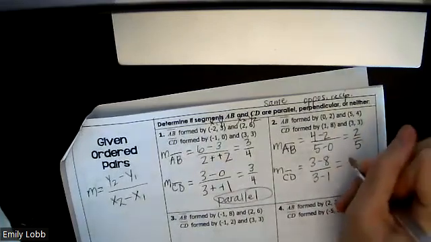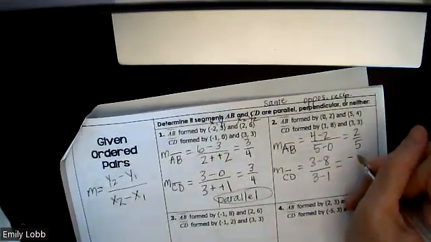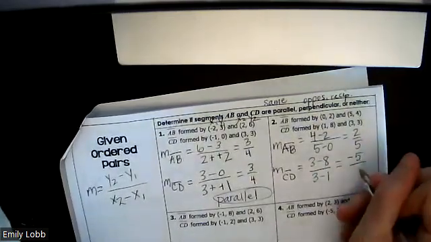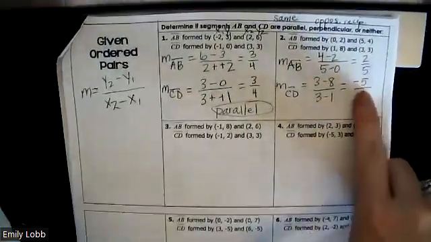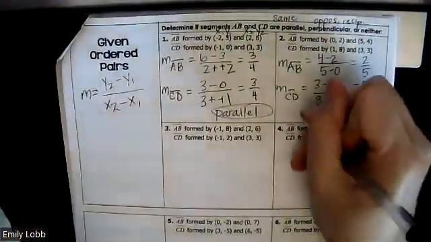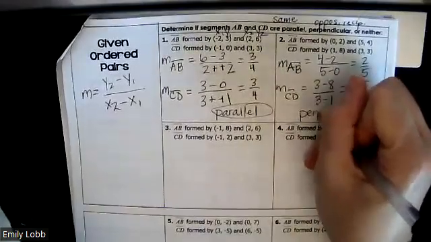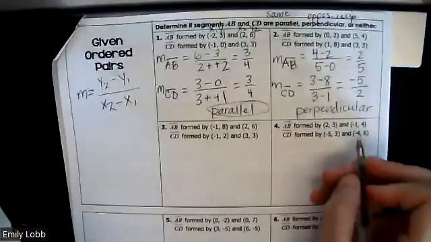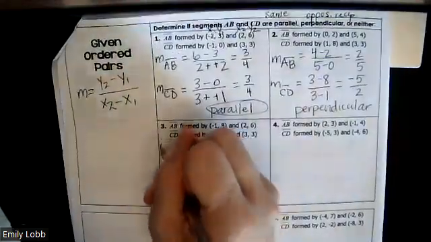So hopefully you've gotten really good at the slope formula. 3 minus 1 is 2. These are the opposite and they're reciprocal, so we're calling these 2 lines perpendicular. And we're hopping right to the next one.